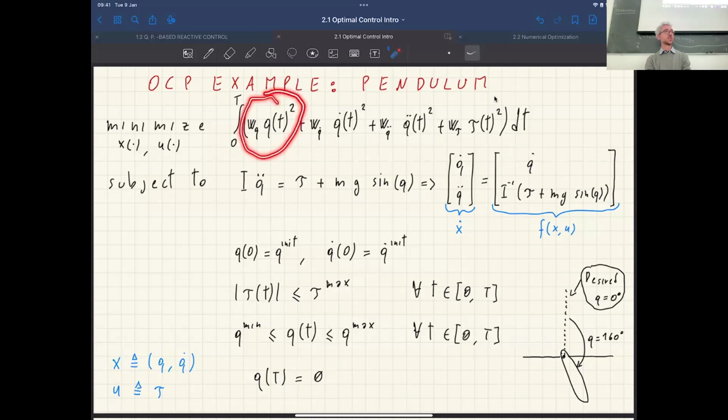Maybe it's less obvious what this is going to do. No, that's not it. What is this going to do in the resulting motion?